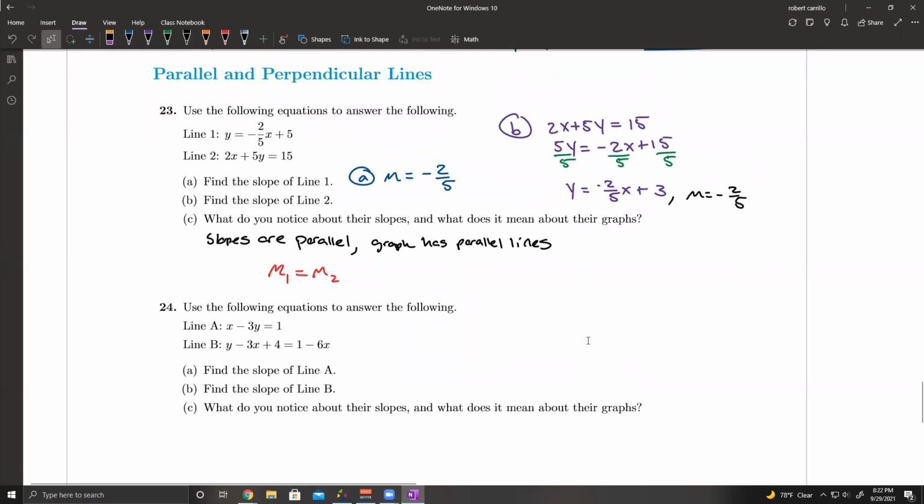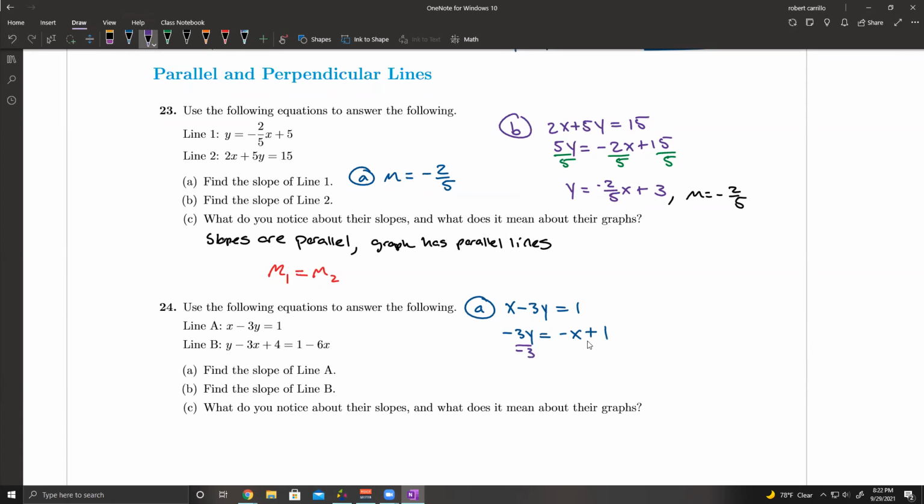24. Let's do it again. Find slope of line A, find slope of line B, and let's see what we have. So for A, we have x minus 3y equal to 1. Solve this for y. Move that x over to the right side. And negative 3y equals negative x plus 1.